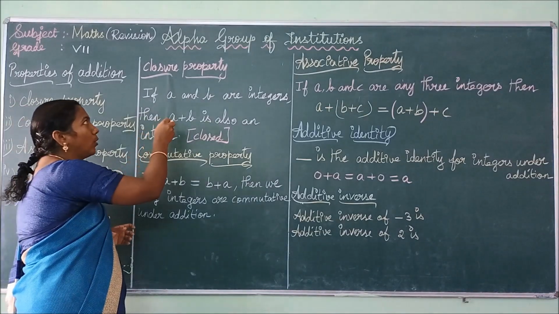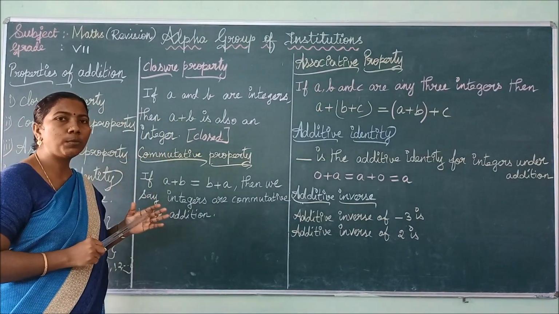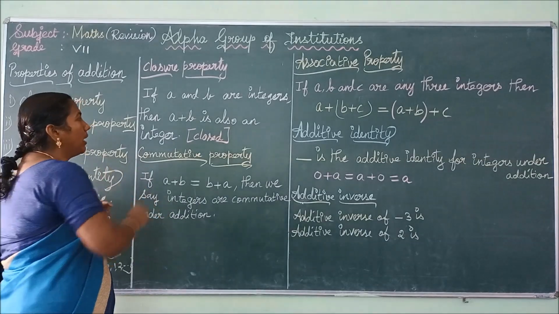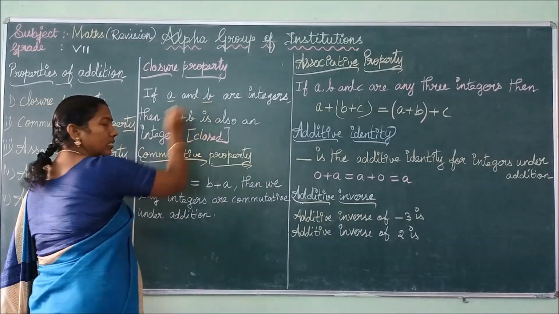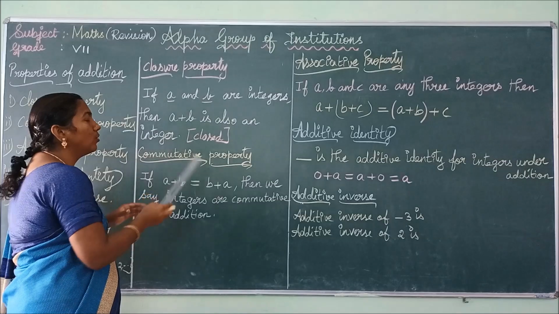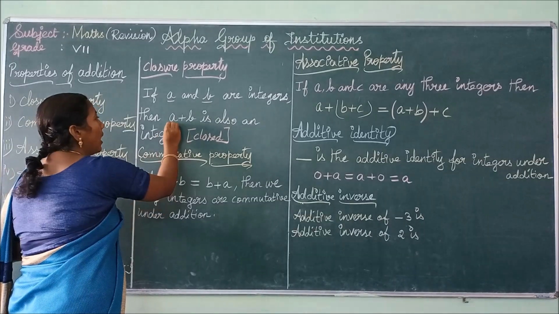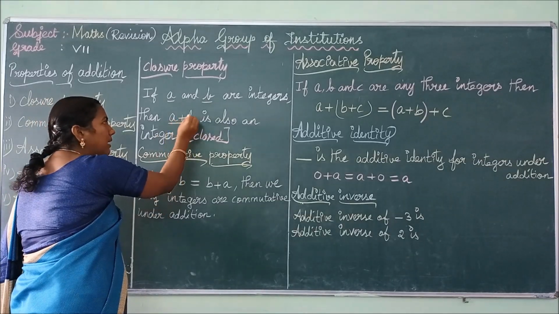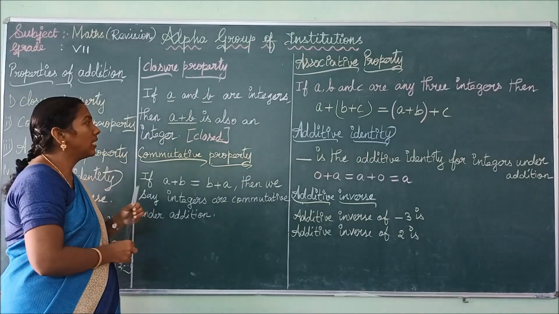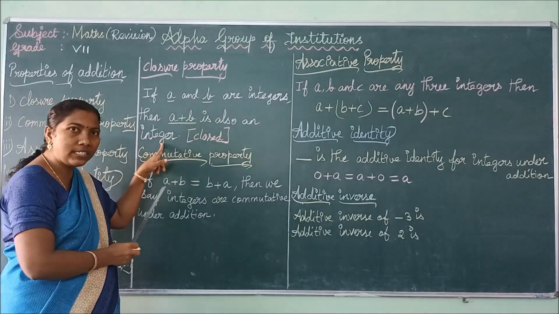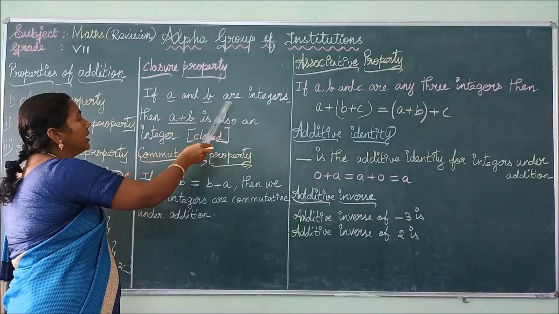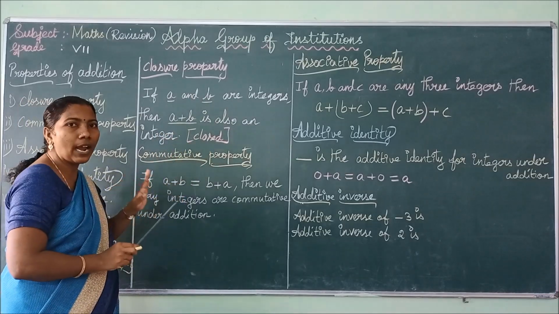Now we are going to check the closure property. What is the closure property? We are randomly taking two integers, okay, and then we are going to add the two integers a and b. We are adding a plus b. You get one answer. If that answer is also an integer, we can say integers are closed under addition.